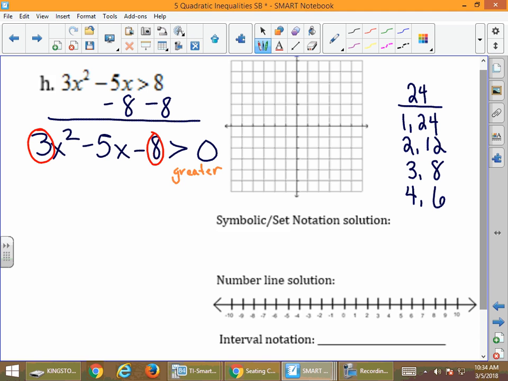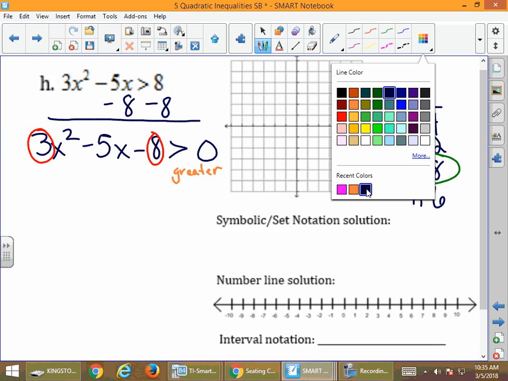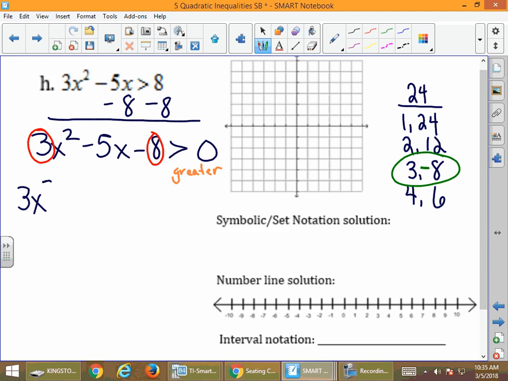And when we look at this here, do we have any factors that combine to be 5? In fact, if we want to get technical here, it's going to be 3 minus 8. But we're splitting the middle. This is 3x squared plus 3x minus 8x minus 8.